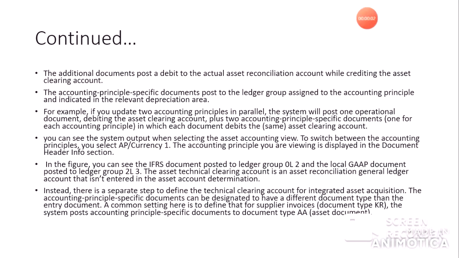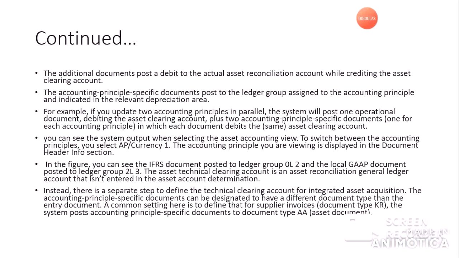The principle specific documents can be designated to have a different document type than the entry document. So normally the entry document type is KR, but for accounting principles the document type used is AA.